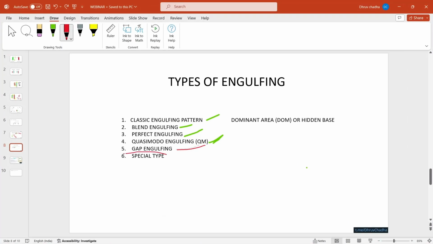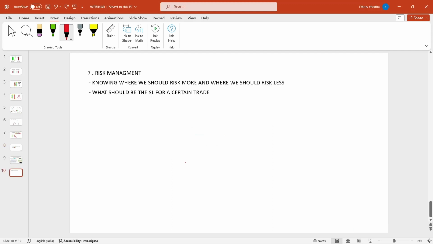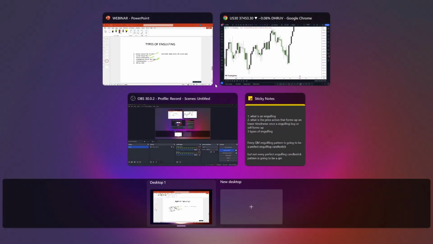So now let's talk about the special type. The special type which I'm talking about over here is the same color engulfing pattern. Let me quickly give you an example.